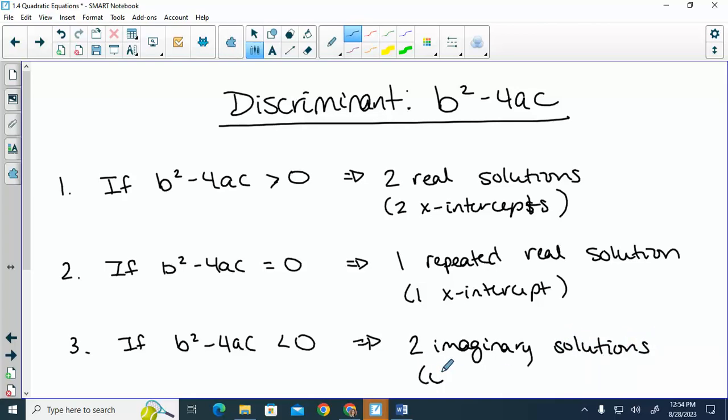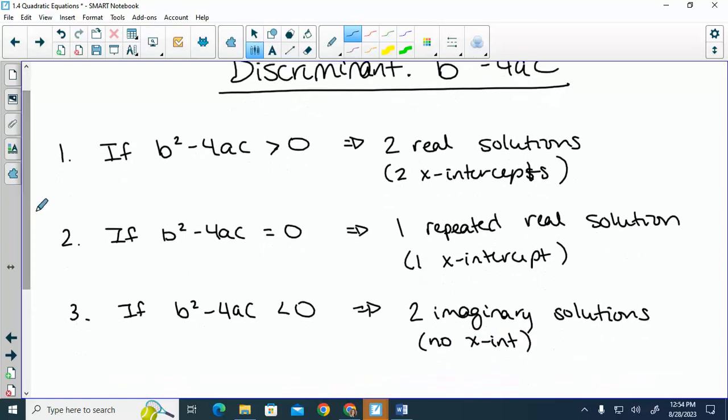On the graph, that means there are no x-intercepts. Let's do a couple examples of that, and then I'm done.